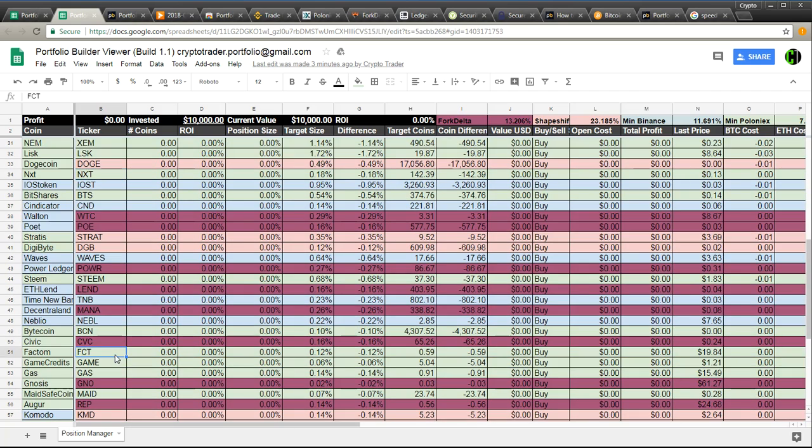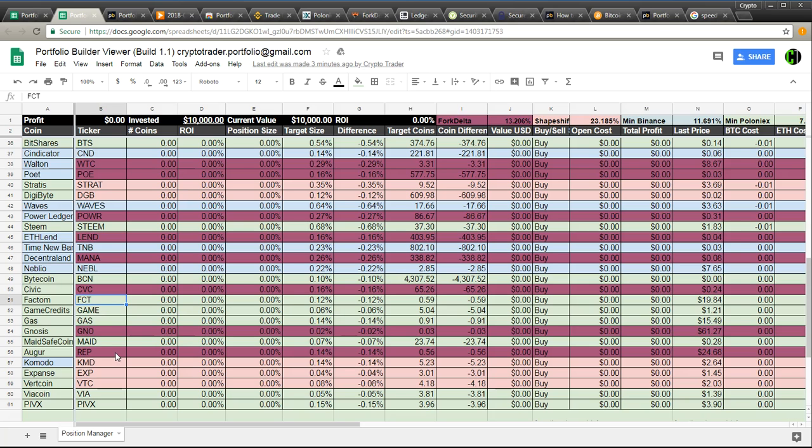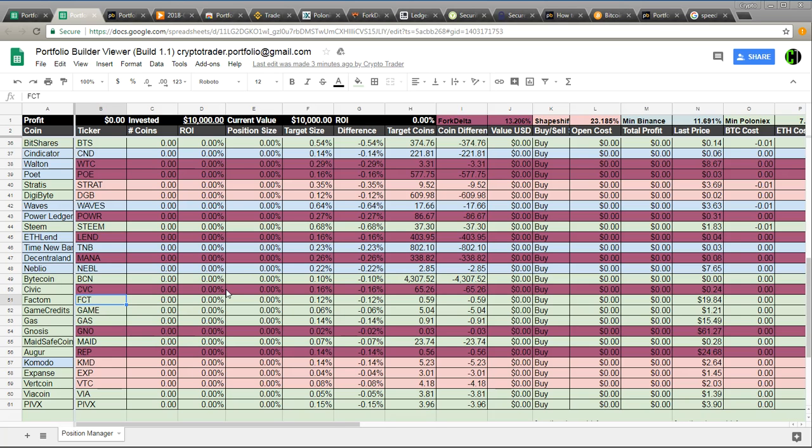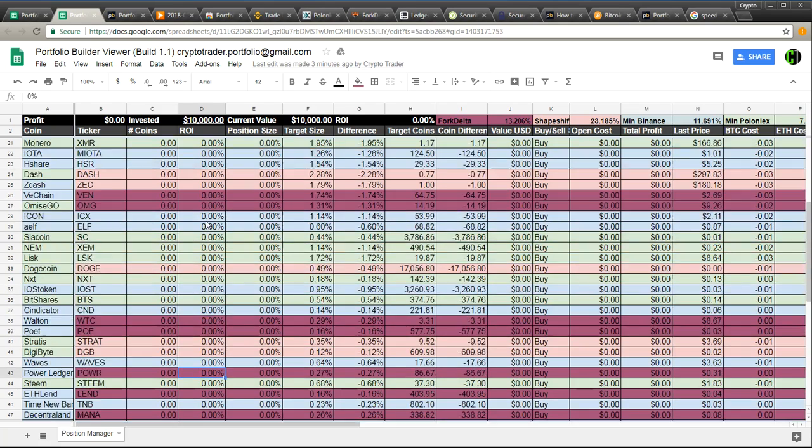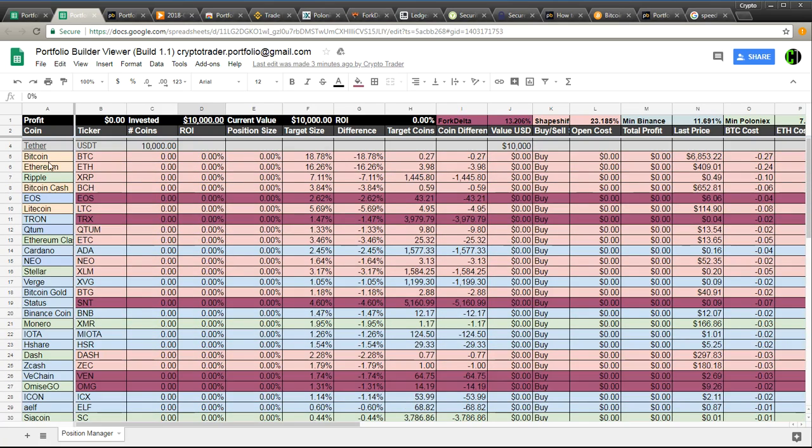Now, if one of these coins hits it big, creates an entire ecosystem of people who use the technology and gets exponential growth, these coins could potentially have 10,000 to 1,000,000% gains, like we've already seen on early adopters investing on coins like Bitcoin, Verge, 100,000 to 1,000,000% gains on coins like Ethereum, Ripple.